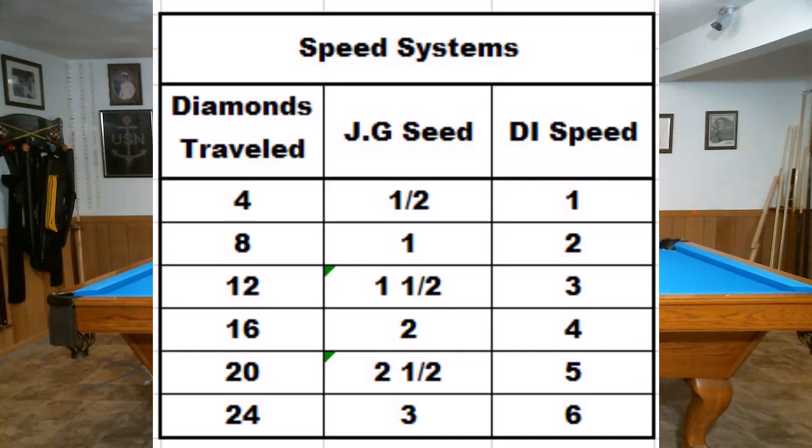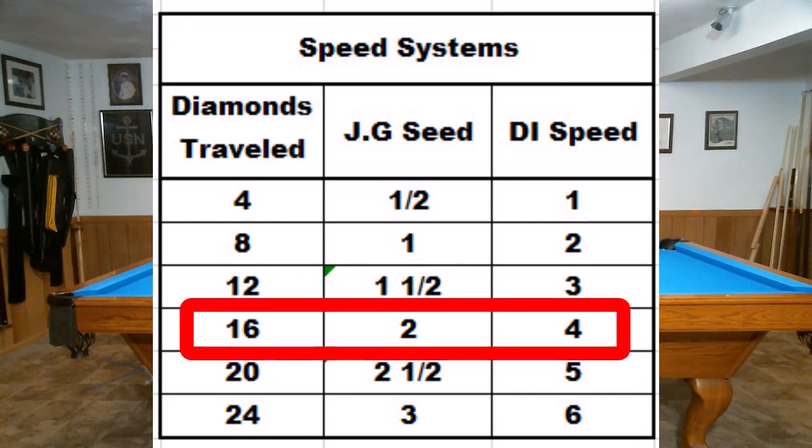Both have different numbering systems for it, but the basic unit of measure for both is a diamond traveled. Example, a 16 diamond shot using Dominic Esposito's system would be a 4-speed. And in Jeremiah Gage's system, it would be a 2-speed. But both are based on 16 diamonds.